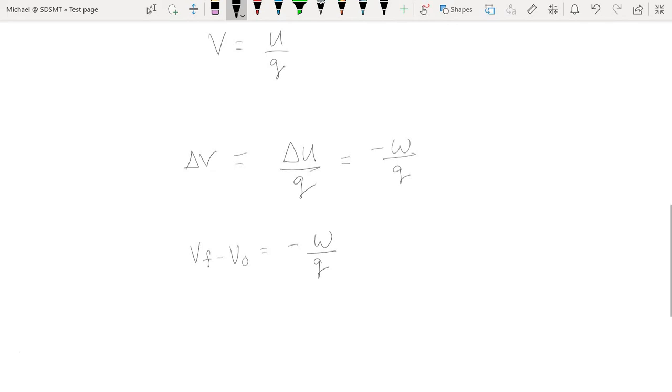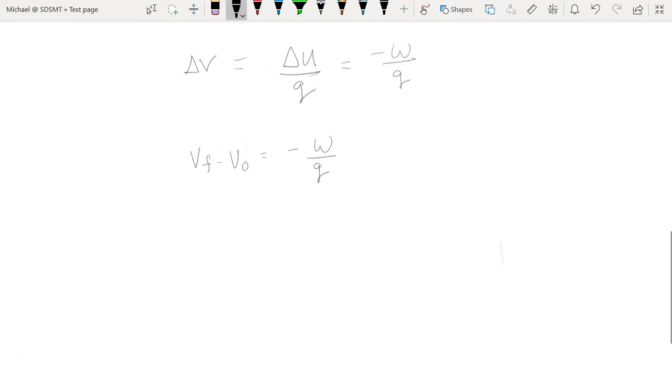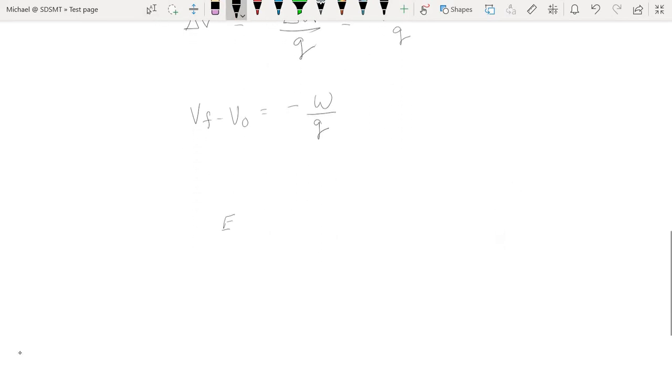Now we're using volts to define the electric potential, but this means that we now have a new way of defining the units of electric field. So let's take what we had for electric field. Electric field came from force over charge, so that's newtons per coulomb. And our volts are in units of joules per coulomb.